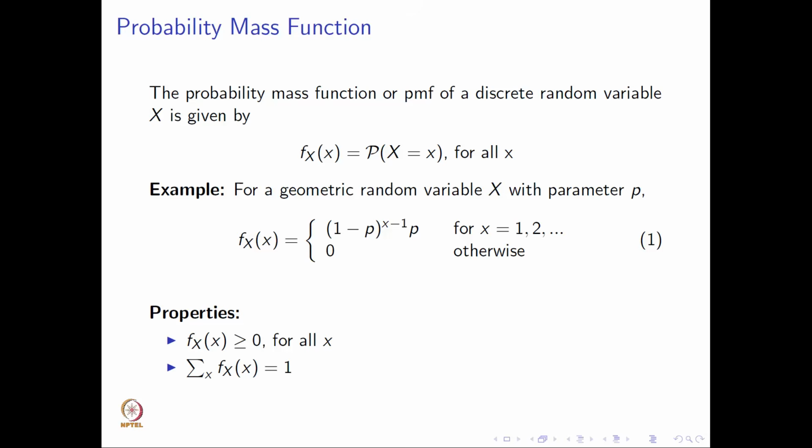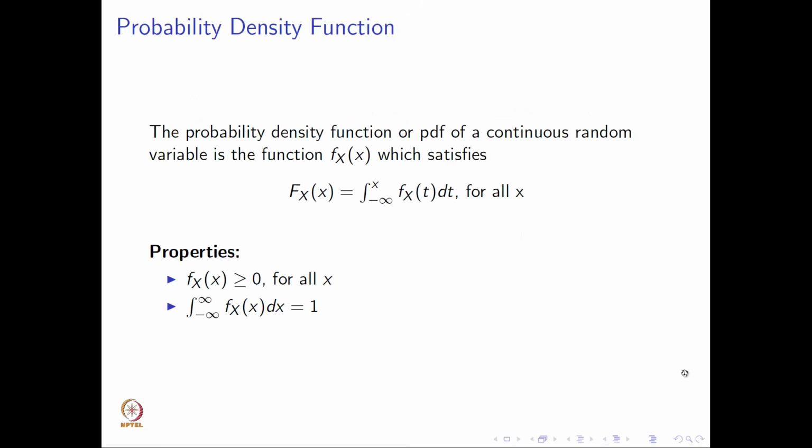For continuous random variables, we consider the probability density function. The probability density function or PDF of a continuous random variable is the function fX(x) which satisfies the following. The integral from minus infinity to x of fX(t) dt is equal to the cumulative distribution function at the point x.